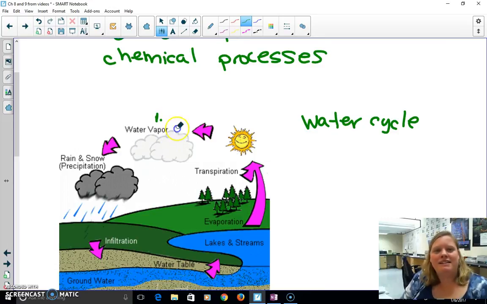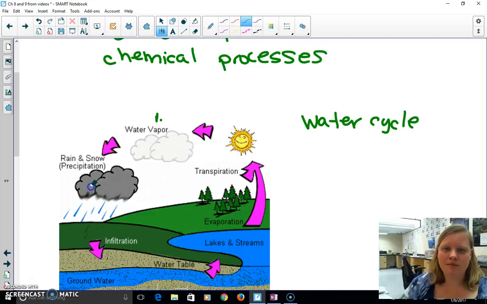That water vapor condenses into clouds, and then those clouds rain or precipitate down to the earth, and so as rain or snow, precipitation falls to the earth, and then it is infiltrated into the earth or absorbed into the soil. And then some of it can be taken up into plants, and then some of it can be as runoff, go into lakes and streams.